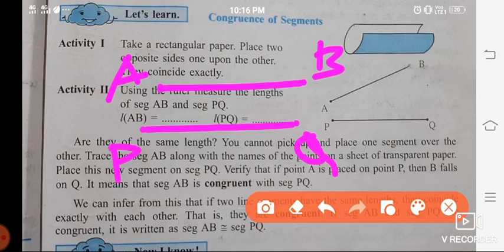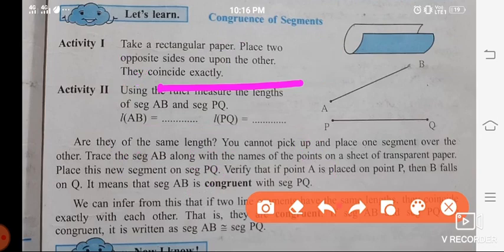Can you see on the screen? Suppose AB is 5 centimeters and PQ is also 5 centimeters. Then we can say that seg AB is congruent to seg PQ. Did you understand? Because both of them have equal measurement.